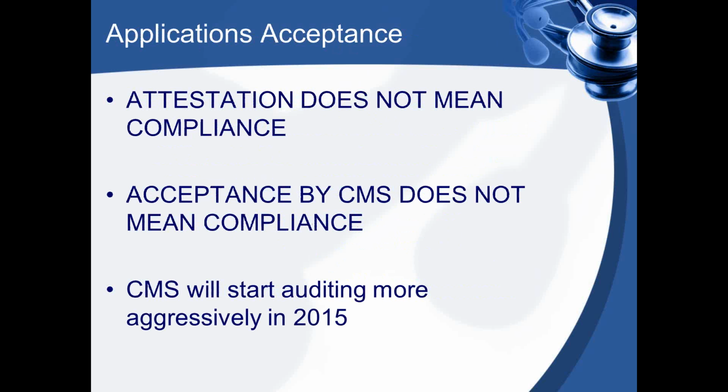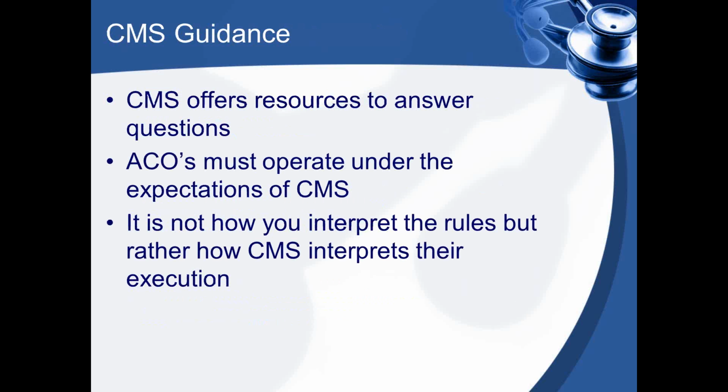It's critical to understand that just because we attested to certain requirements, it does not mean we're in compliance. It just says that we are going to do that, or we have a plan to do that. Just because we are accepted as an ACO doesn't mean we are compliant, and doesn't mean we're clinically integrated. We still have to fulfill all of these requirements. CMS is going to be very aggressive at auditing more in 2015, so it's key that we follow their guidelines.